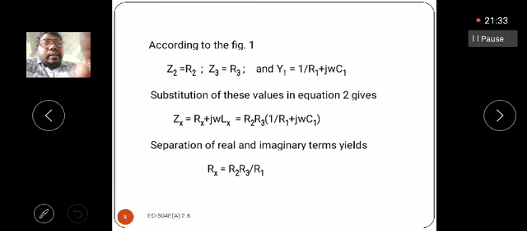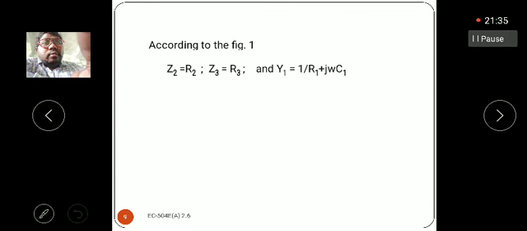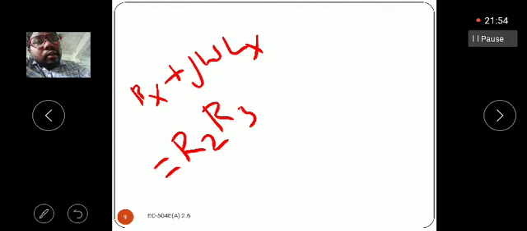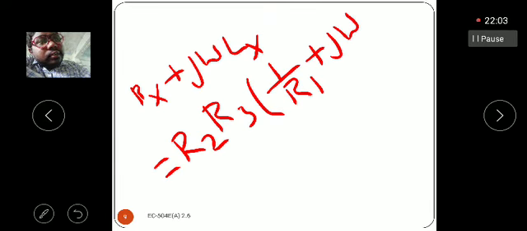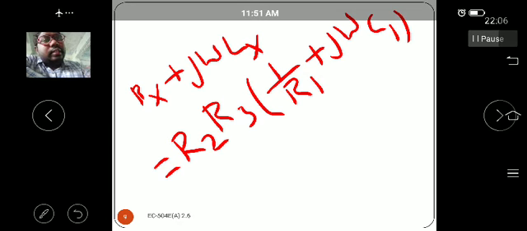Here I am clearly explaining Rx plus j omega Lx is equal to R2 R3 into 1 by R1 plus j omega C1.